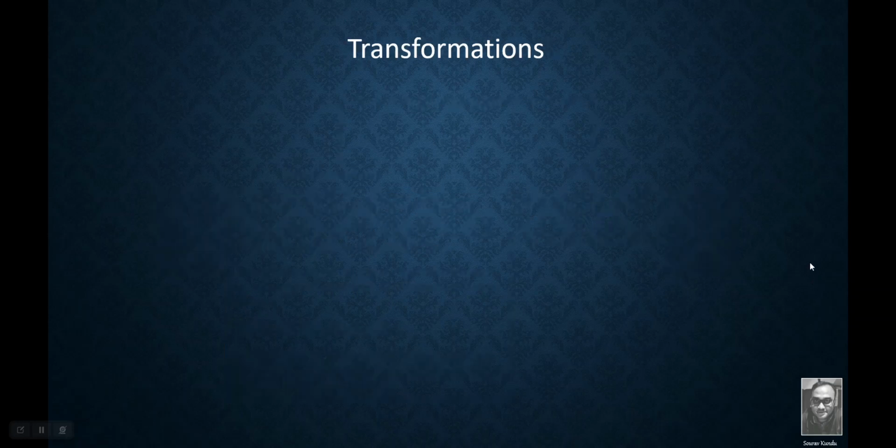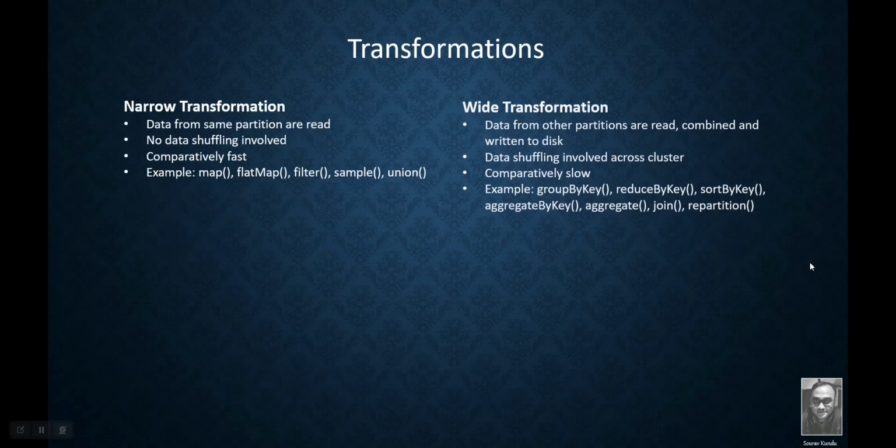Now, transformations are of two types: narrow transformations and wide transformations. What is the difference between them? In a narrow transformation, data from the same partition is read, so there is no data shuffling involved. Shuffling is the process of exchanging data between partitions.